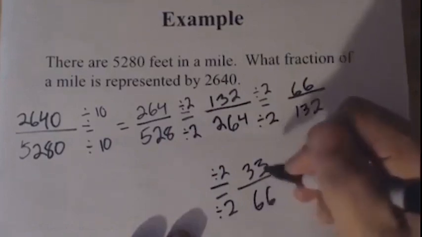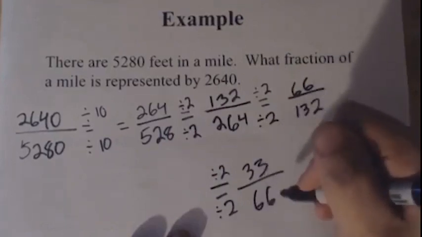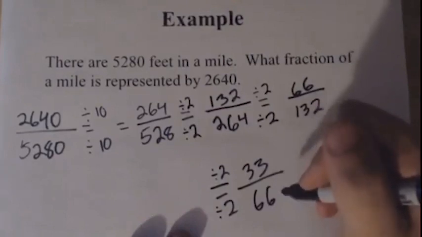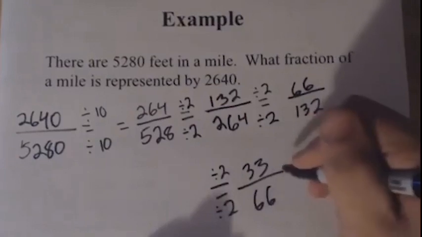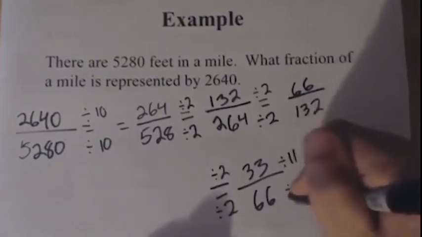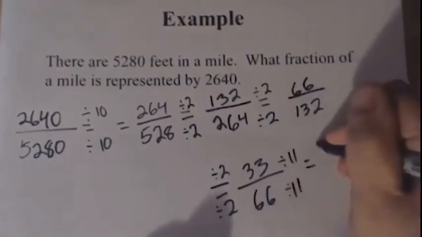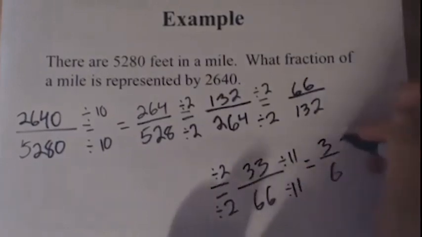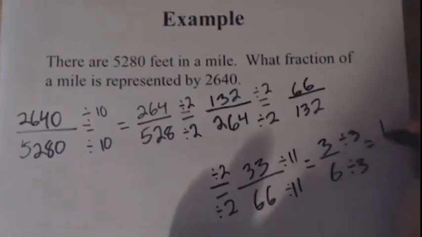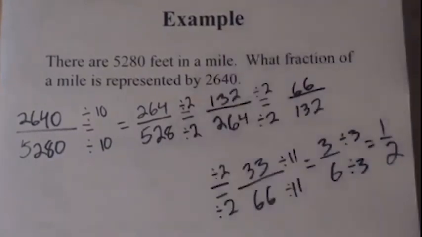And around this point you can see, hey, this is 1/2. Maybe divide both by 11? Which gives us 3 over 6, and then divide both by 3, and get 1/2.